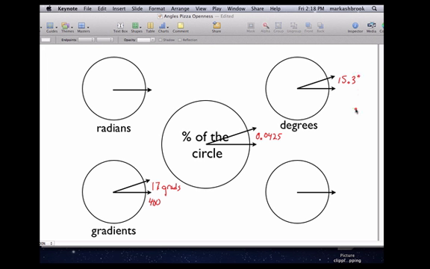Okay, what about radians? How would we get the number of radians that 17 gradients is? Multiply by 2 pi. We want the same percentage now. Instead of 360, we want the percentage of 2 pi.